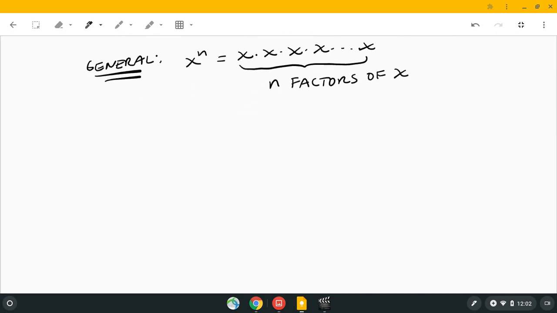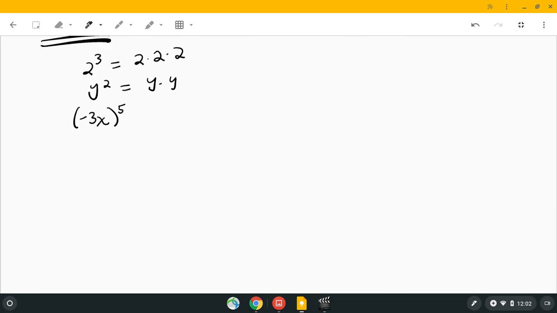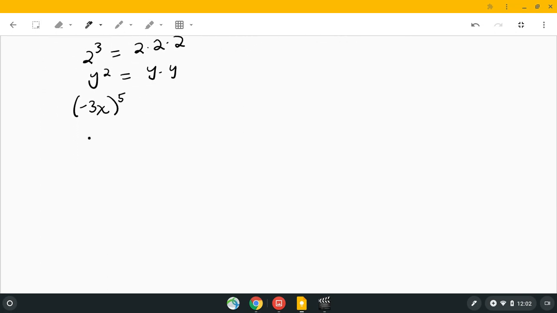All right. Here are some examples. If we have 2 to the third power, that means 2 times 2 times 2. If we have y to the second power, that means y times y. If we have this, negative 3x raised to the fifth power, it's very important here that you recognize what the base is.